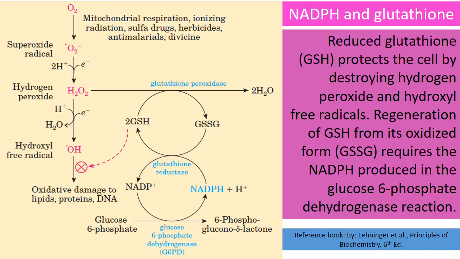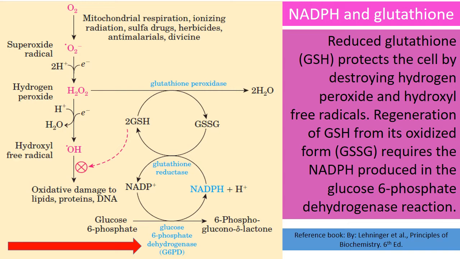And if you look at the lower part of this slide, the glucose 6 phosphate is converted into 6 phosphogluconolactone. So this conversion is due to the presence of an enzyme, glucose 6 phosphate dehydrogenase. So this enzyme converts glucose 6 phosphate into 6 phosphogluconolactone.